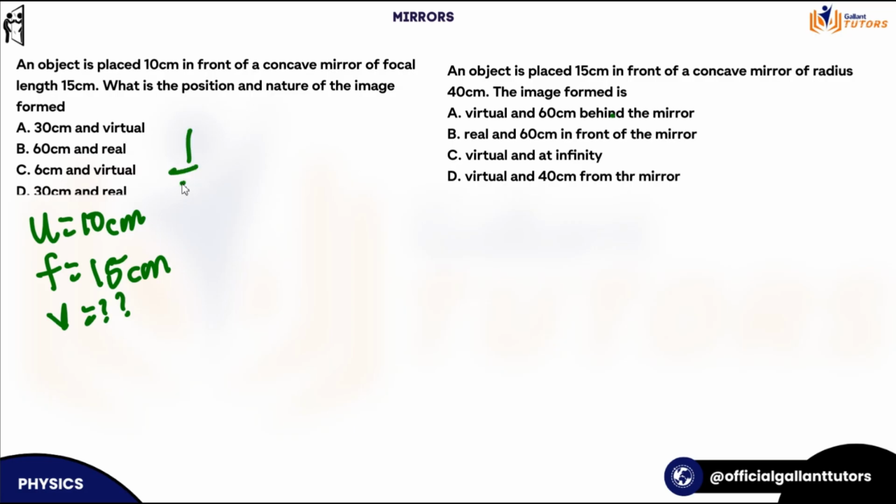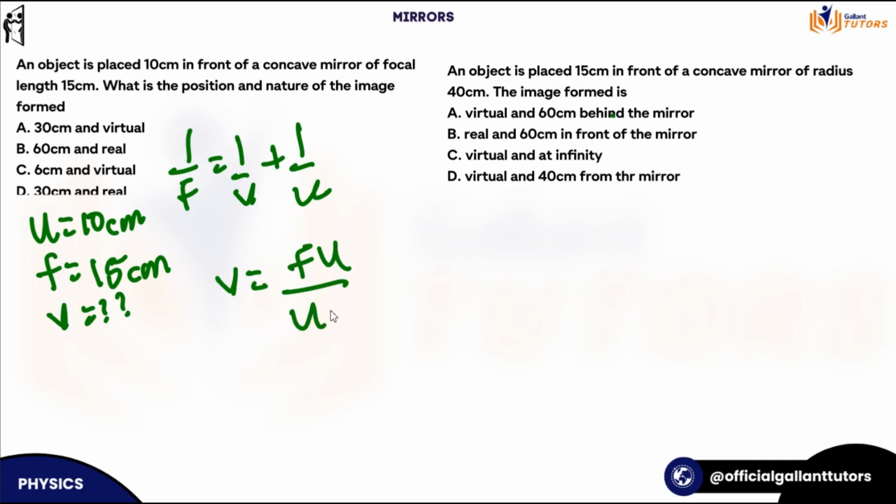So if you solve from here, you should try making V the subject of the formula. You should get this. I have all these formulas at my fingertips, so it's easier for me to use. But if, for instance, you don't remember it in the exam, you don't need to panic. Just find the LCM, solve from there, make V the subject of the formula, and you arrive at the same thing.